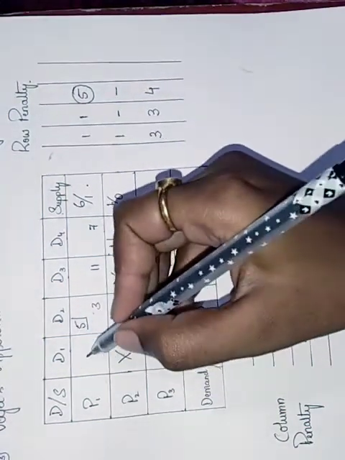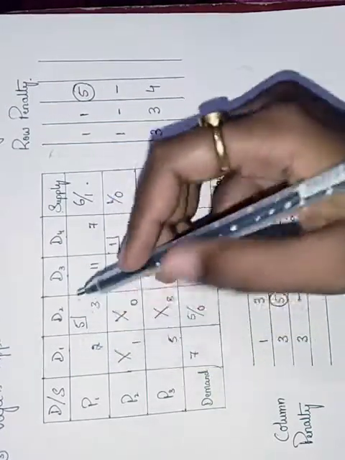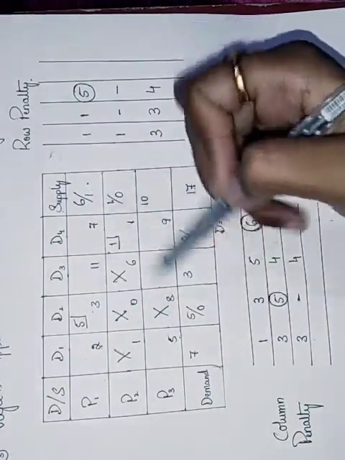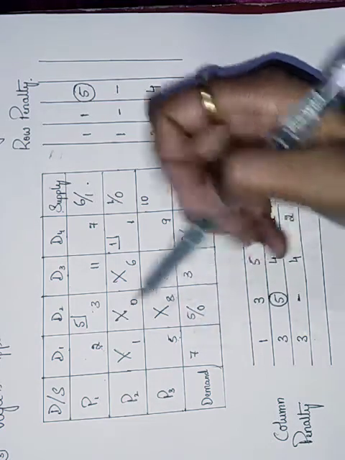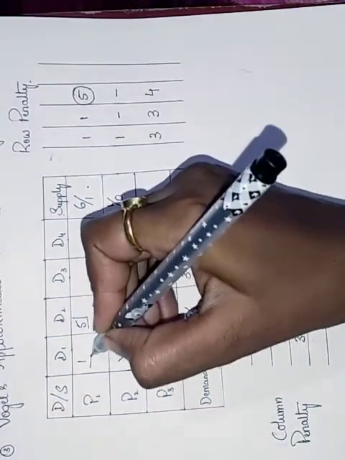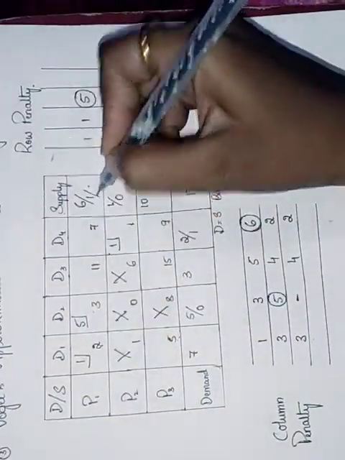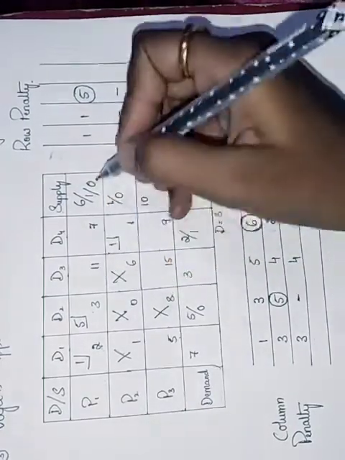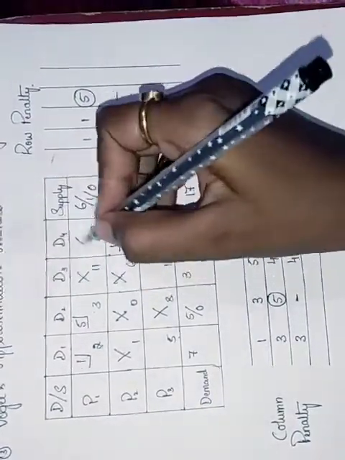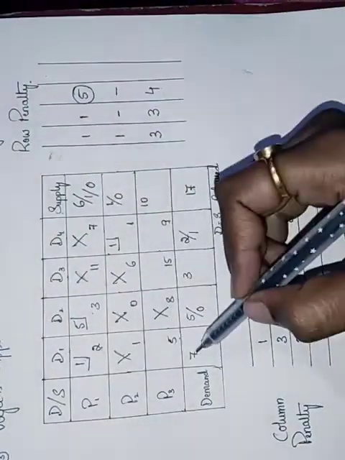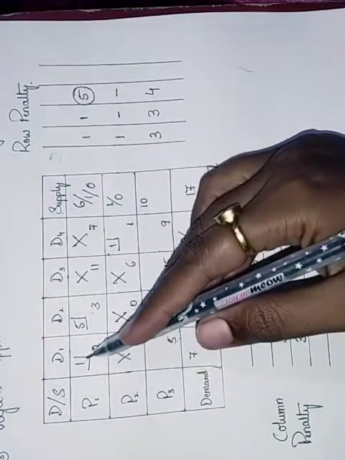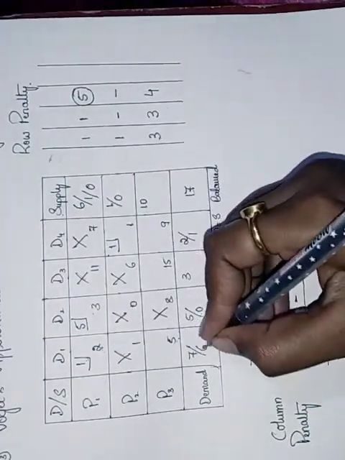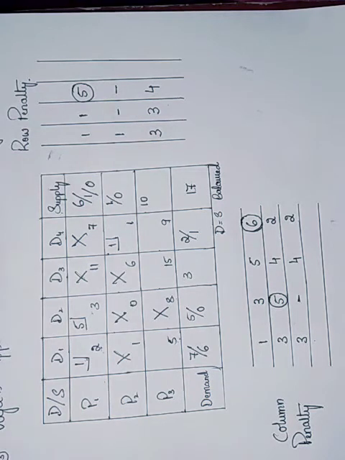So now I'll allocate to this cell. What is the supply? 1 and demand is 7. I can allocate 1 unit. So here supply becomes 0. As supply has become 0, I cannot allocate further. And among 7 units, I have allocated 1 unit and demand will become 6 units.